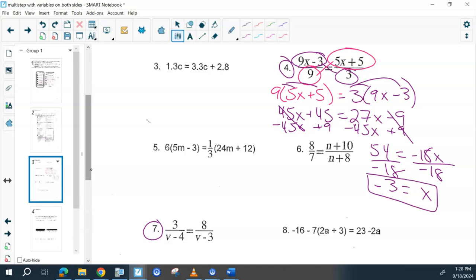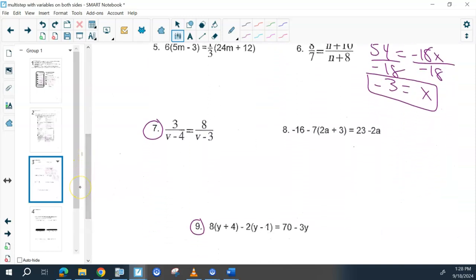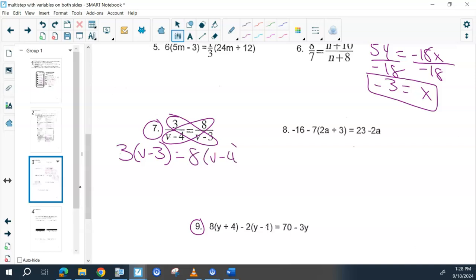Questions on that? 7 is going to be very similar. So our very first step should be to do what? Okay. Rewrite by cross multiplying, yes. So 3 times b minus 3 equals 8 times b minus 4.